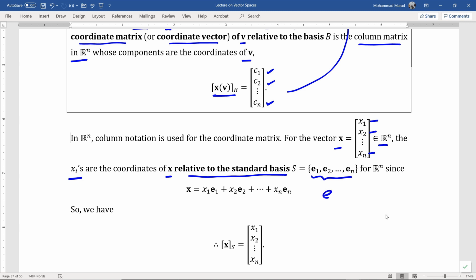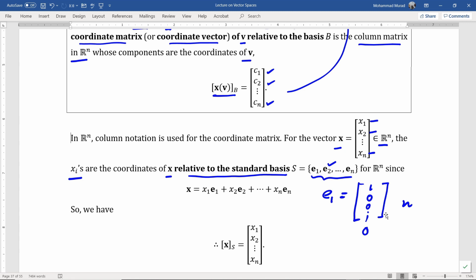Recall that e sub 1 is a vector with components 1, 0, 0, all the way up to 0. So it has n components, whose first component is 1 and the rest are zeros. Similarly, the vector e sub 2 has the second component 1 and the rest are zeros, and so on.